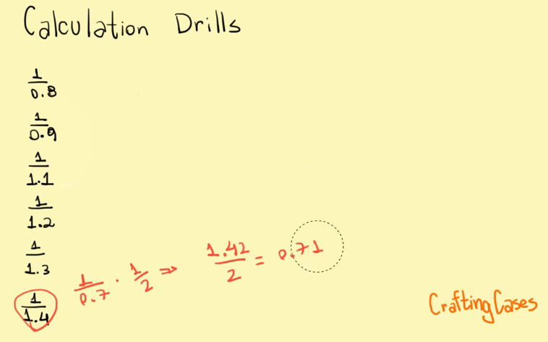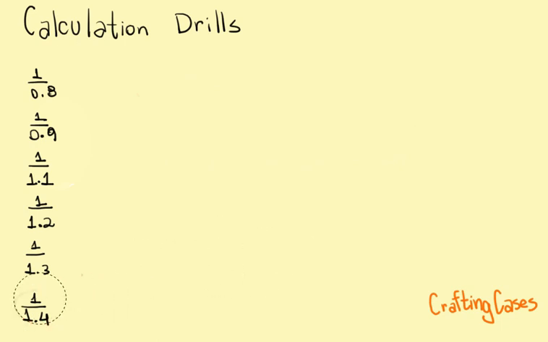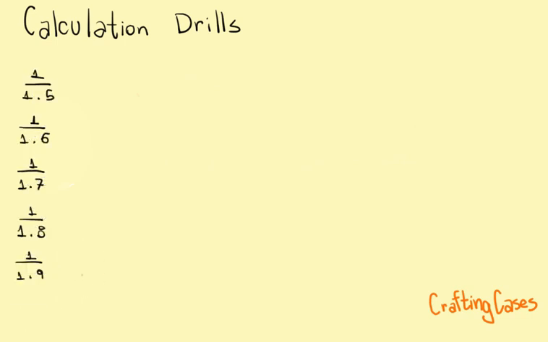Okay? Next one. Here we go. 1 over 1.5, 2/3, 0.67 or 67%. Okay? Next.